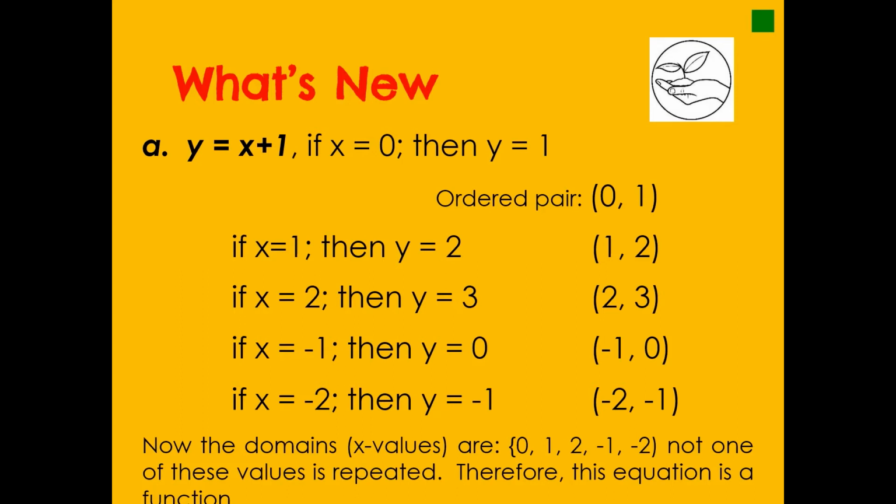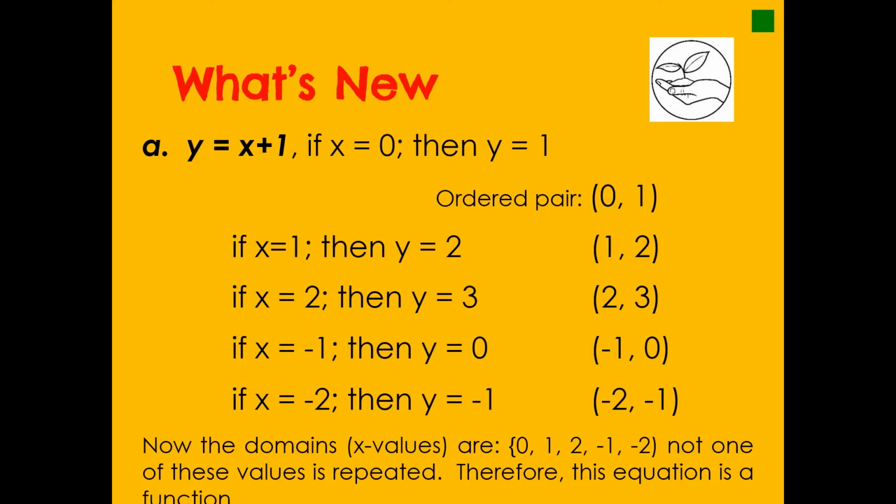If x is equal to 0, then y is equal to 1. The resulting ordered pair is (0, 1). If x is equal to 1, then y is equal to 2. (1, 2). If x is equal to 2, then y is equal to 3. (2, 3). If x is equal to negative 1, then y is equal to 0. (-1, 0).